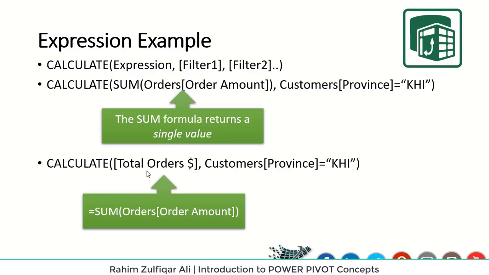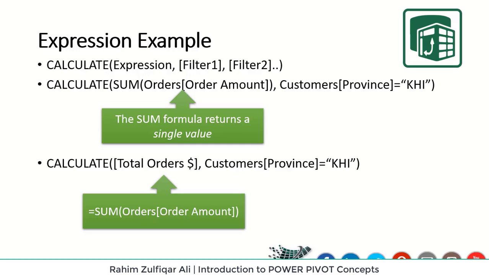Here you can see Total Orders in square brackets. This is the name of the explicit measure which I am calling, and in it I have already defined the sum of the order amount column from the orders table. The best part of an explicit measure is that it can become part of another explicit measure, and once you have created it, you can use it everywhere.